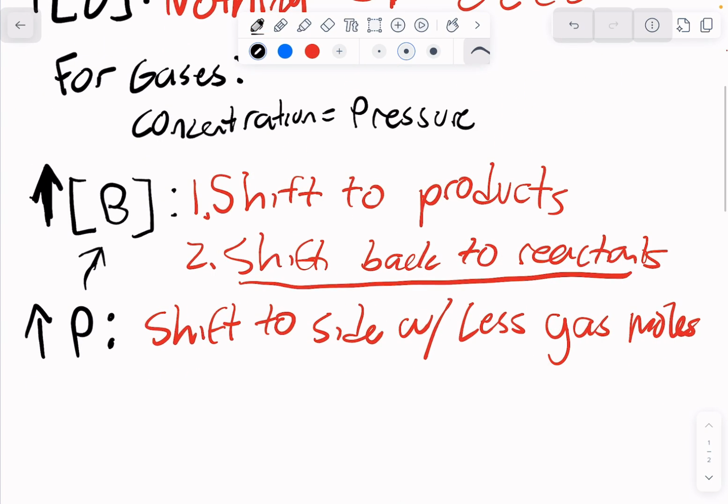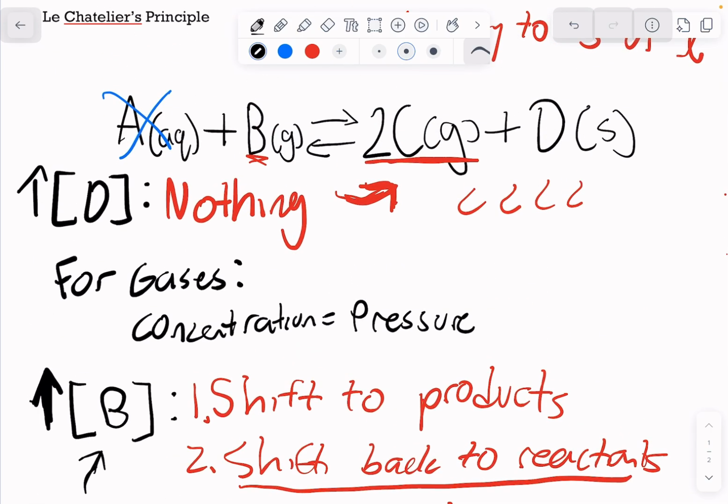If we were to increase C, for example, the reaction would shift to the left, because that's what happens when you increase a product: the system favors the reactants to make up for that excess product. So if we increase C, we are also increasing B, and that makes up for the excess pressure.